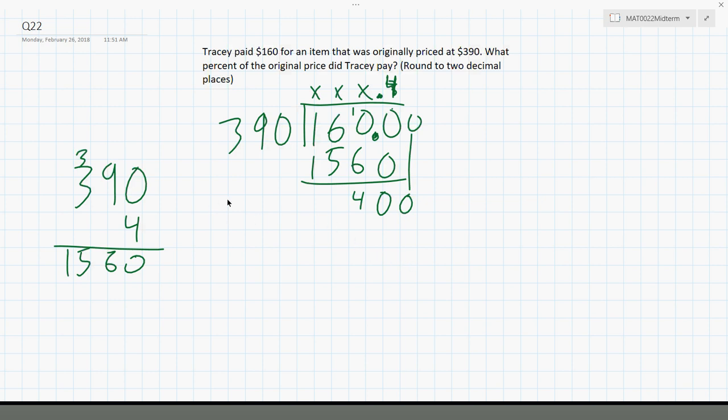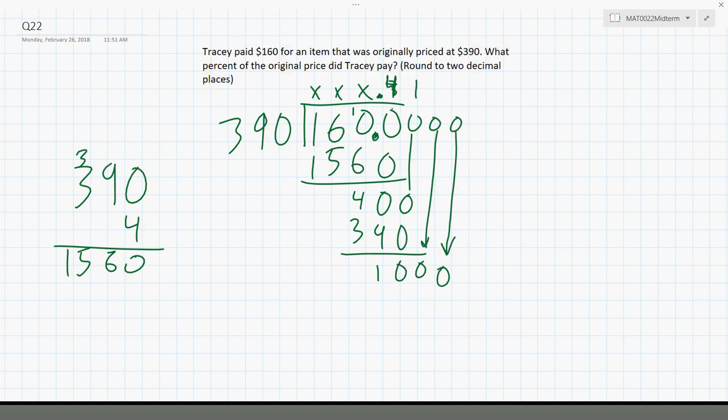So we bring down 1 0. We got 400. We can fit that in one time, right? Put the 1 up there, put the 390. It's going to be 10. Can I put it into 100? No. Can I put it into 1,000? Yes. Now, hold on.